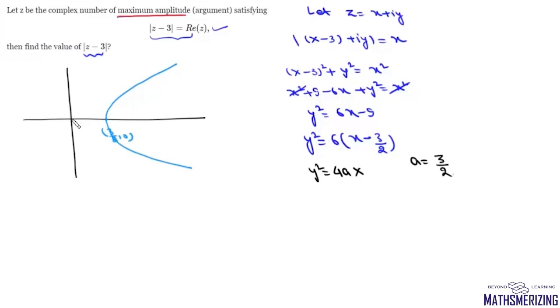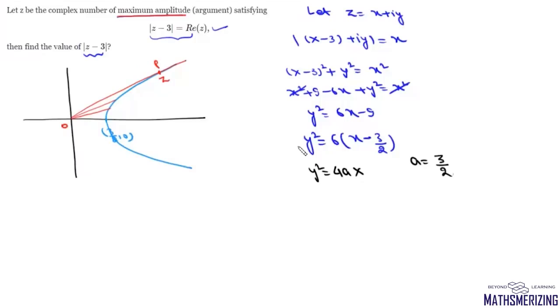So if we look at these points, then we know that this angle is increasing. Then we'll have one point where this argument will be maximum. So this argument will be maximum at a point P at which the tangent drawn will pass through the origin. So we'll need to find the coordinates of this point P.